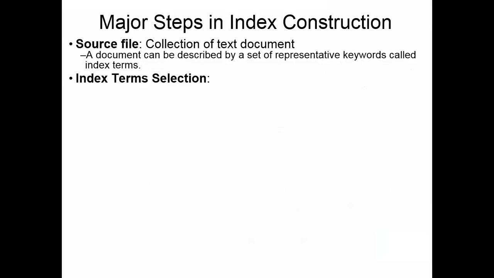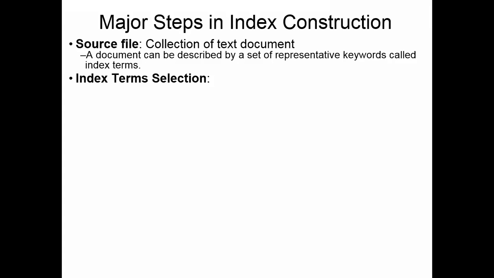The major steps that we follow in index construction: obviously, when we attempt to index, first of all, we have to collect the text documents from the author's world. After collecting those documents, they have to pass through the index term selection step.